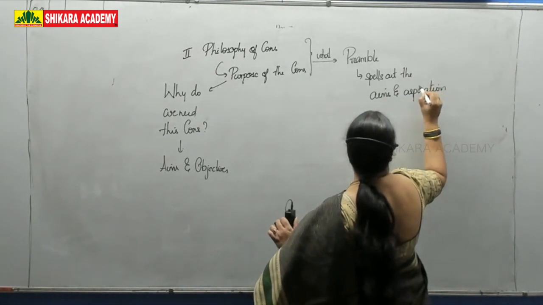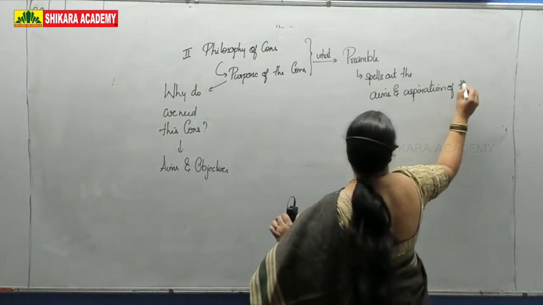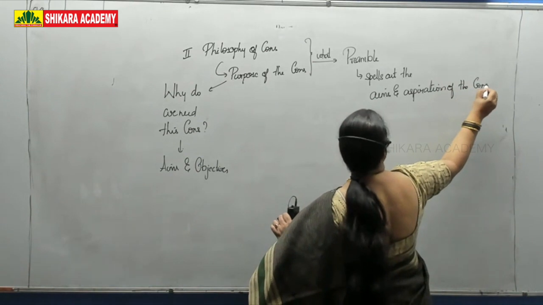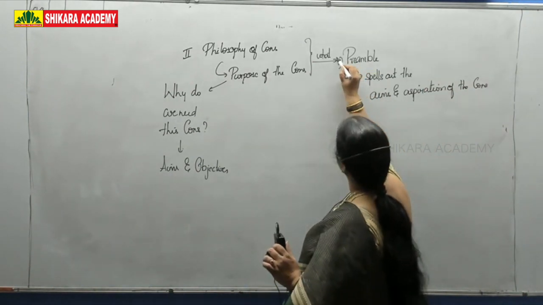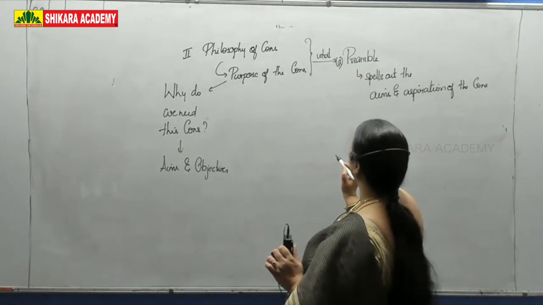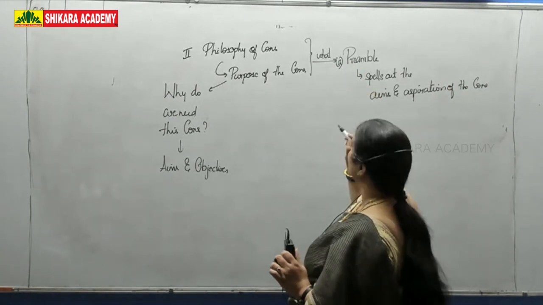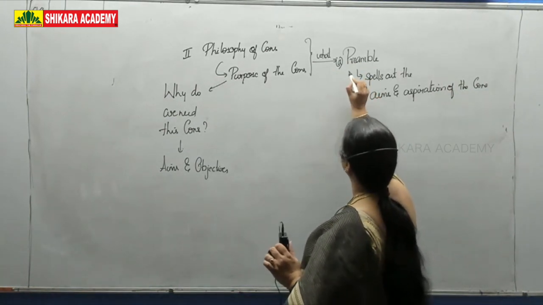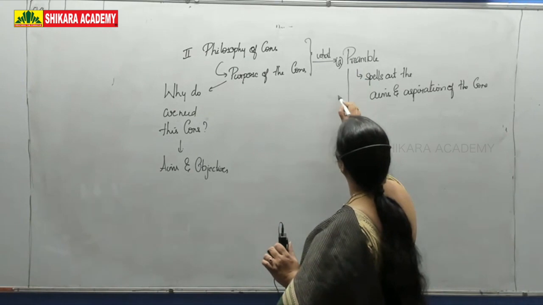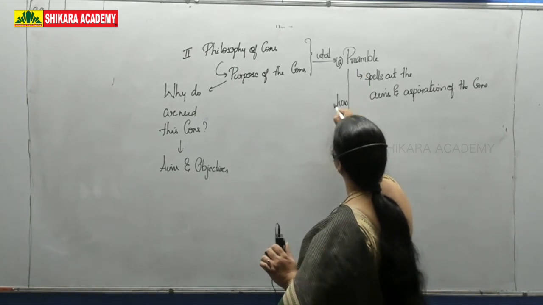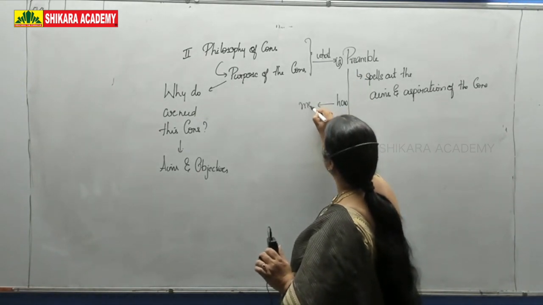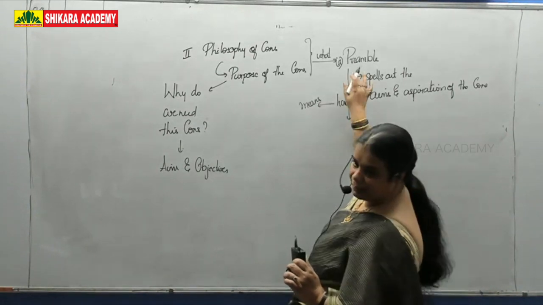What it wants to achieve ultimately is given in the preamble. So first we are going to read about the preamble. Once we read the preamble, we should then understand how you achieve this. This is what. The next question is how. Meaning, what are the means to achieve what is declared in the preamble.